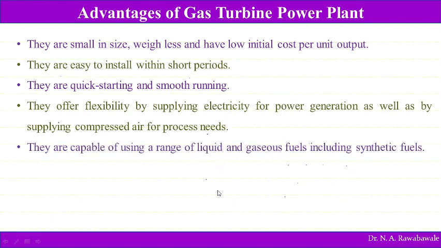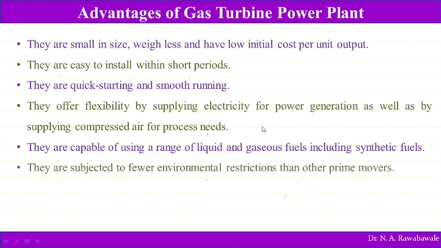Then they are capable of using a range of liquid and gaseous fuels, including synthetic fuels. Here we can use liquid or gaseous fuels, but solid fuels cannot be used in gas turbine plants, that is the open gas turbine cycle, but they can be used in the closed gas turbine power cycle.